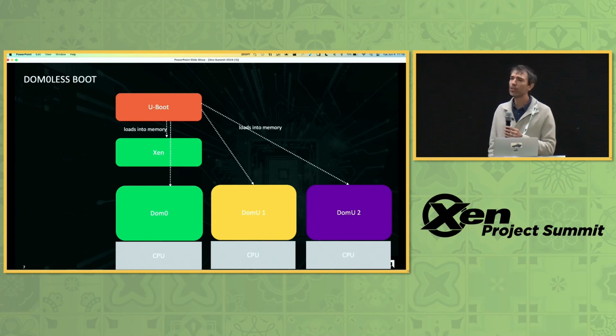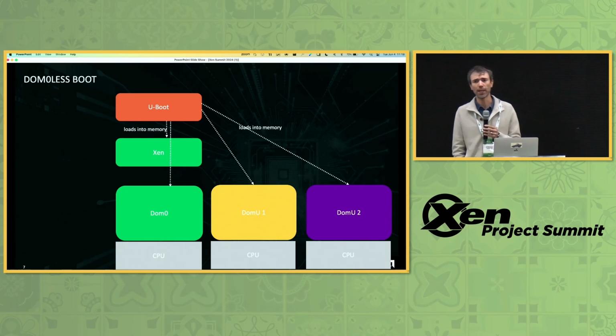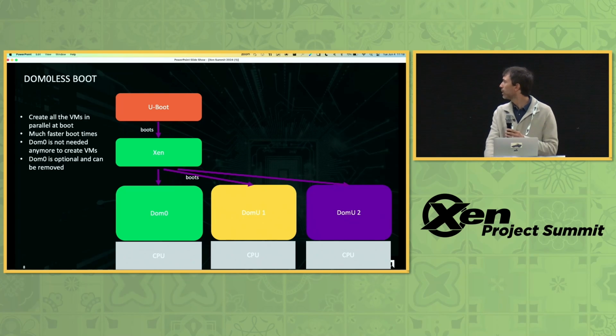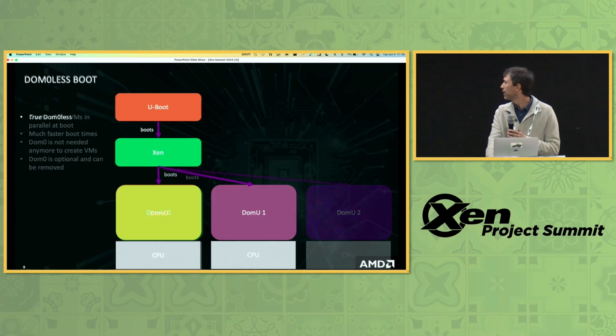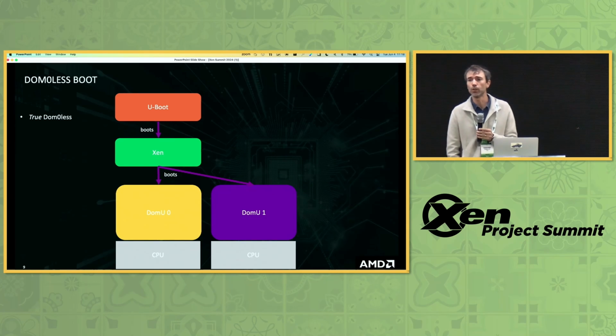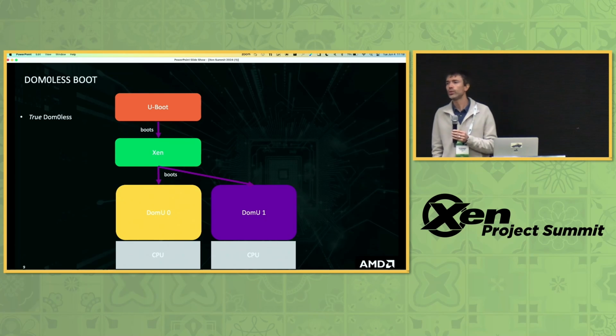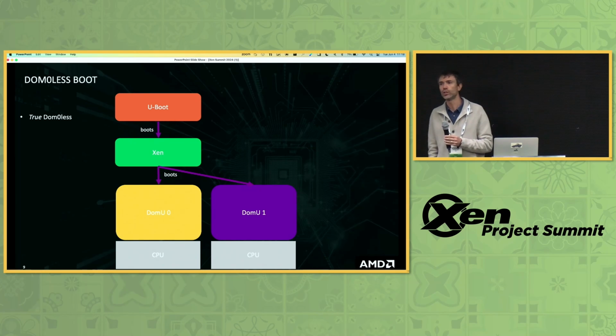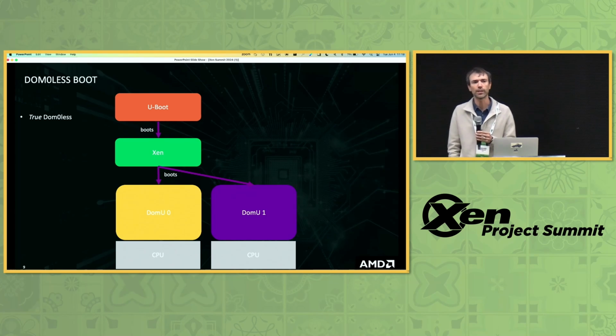And it's not just about speeding up the boot time in Dom0-less, it's also about privileges, because the domain construction is now done by Xen, so you don't really need Dom0 anymore. I mean, it's useful if you want to have it around. There is nothing preventing you from having it. And if you have Dom0 around, you can do monitoring. You could do other things. But the point is, it's not required.